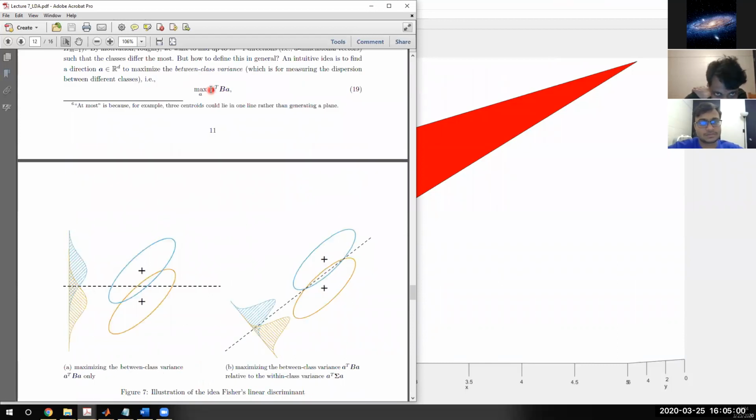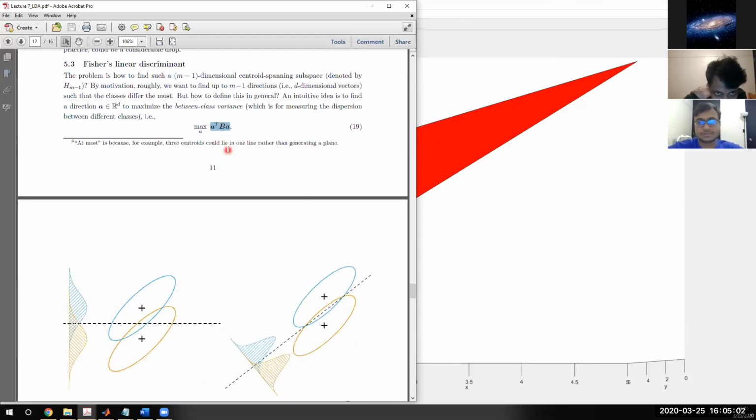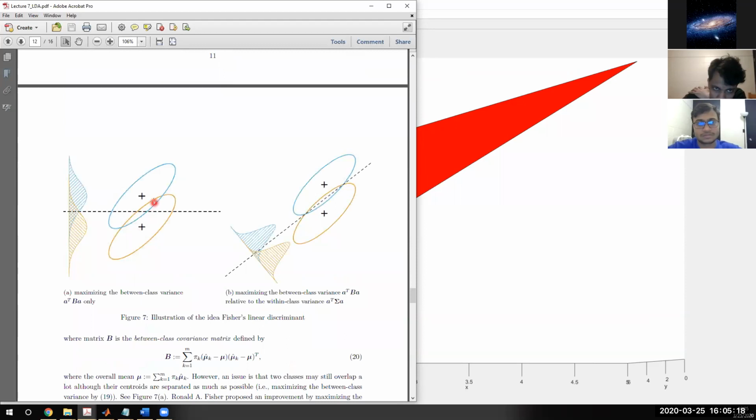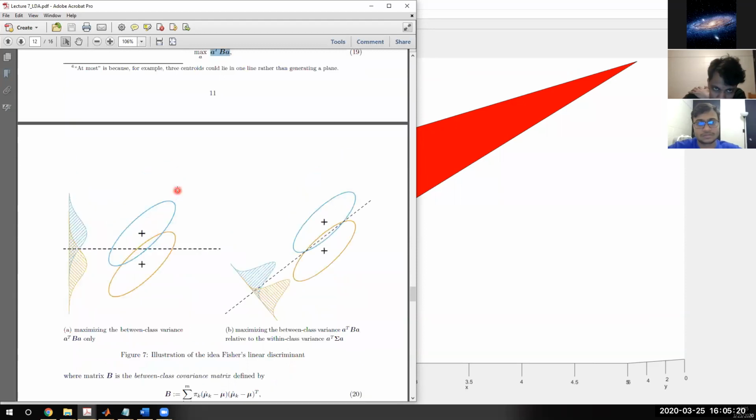In other words, I'm trying to find a direction, which means a vector a in the D-dimensional space, such that in this direction, my between class variance will be maximized. Once this is maximized, then I'm gonna say, hey, this direction is really a very, very good direction.